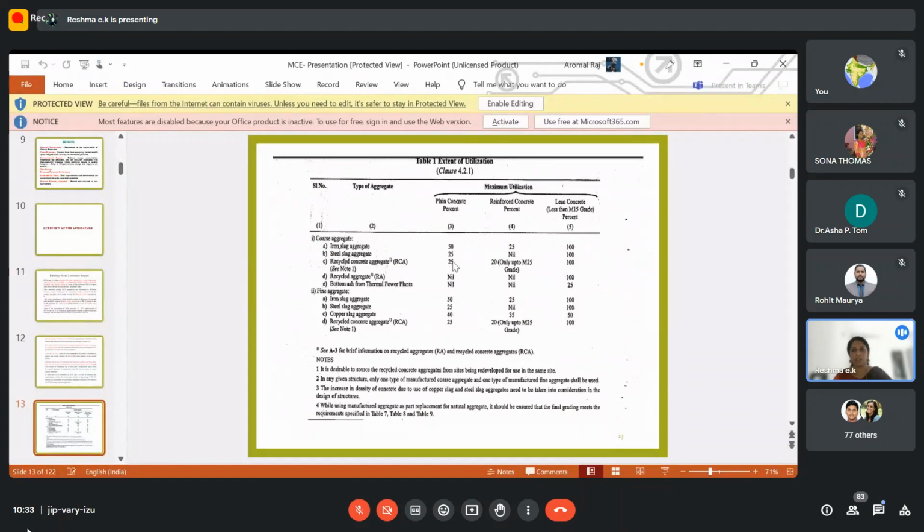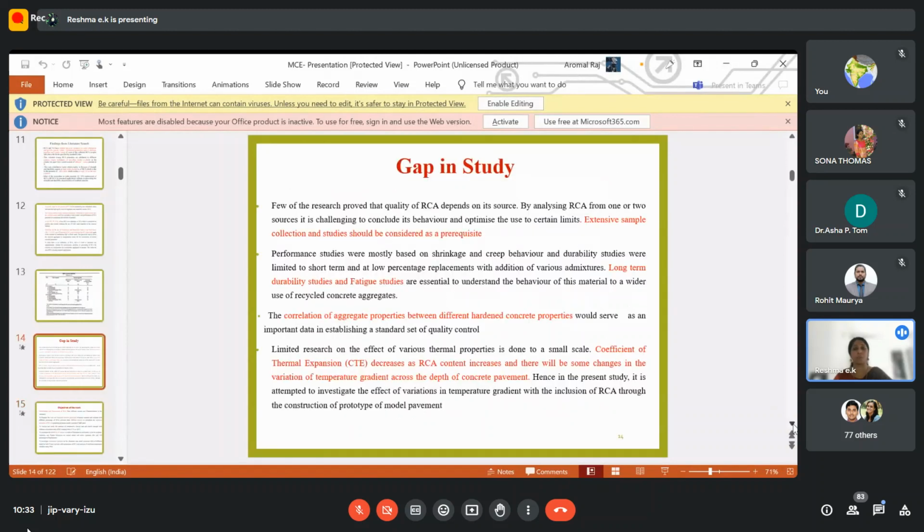So here for plain concrete it is 25%, for M25 only 20%, and for plain cement concrete it is 100%. So it cannot be relied upon, but there is something in the code to promote recycled concrete aggregate, I would say. And this I've already discussed.